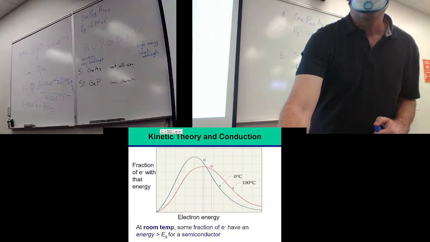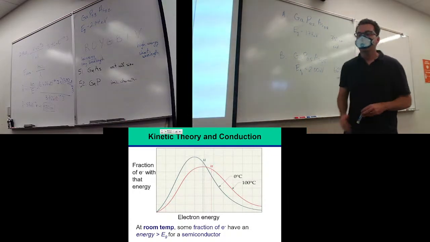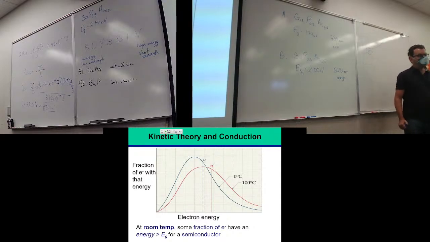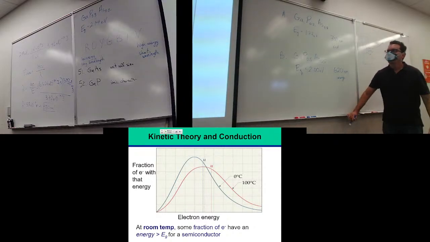All right. So, we can talk a little bit also about how conductive something might become, and to talk about that, I need to introduce something called kinetic theory, which we're going to come back to later again. But focus on the blue curve.